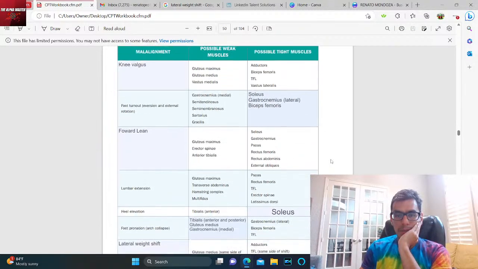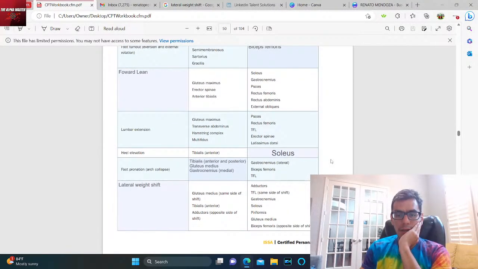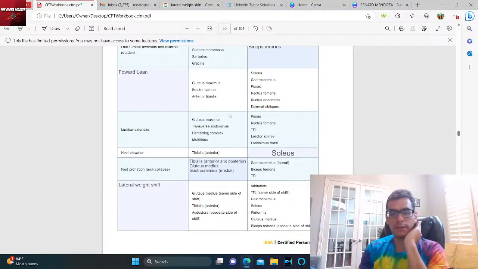This is when you are not in equilibrium at all. For the possible tight muscles, you have the adductors and the TFL on the same side of the shift, and the gastrocnemius, the soleus, the piriformis, the gluteus medius, and the biceps femoris.